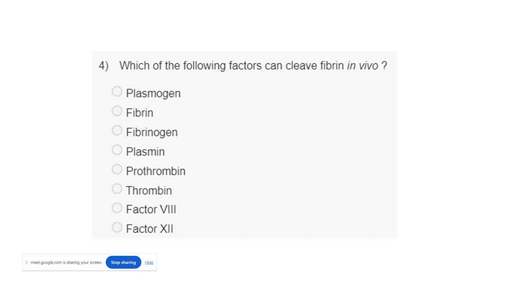We have the fourth question here. Which of the following factors can cleave fibrin in vivo? Plasmin. Okay.